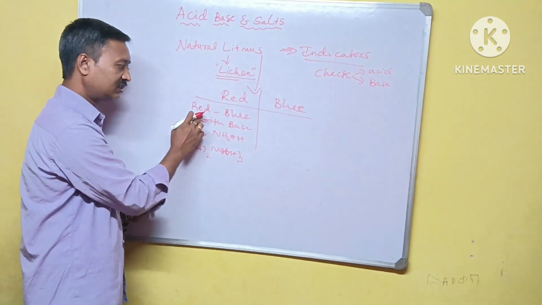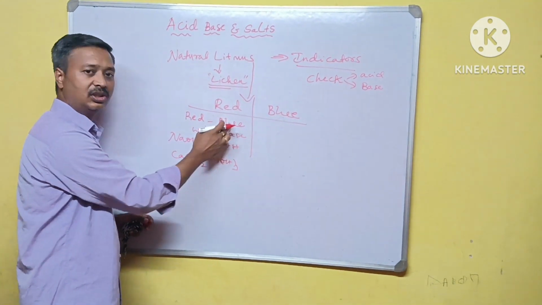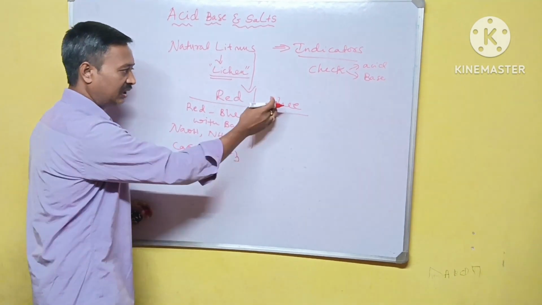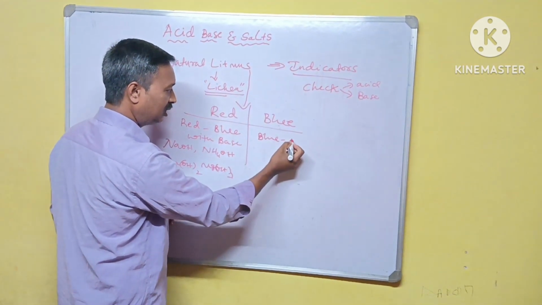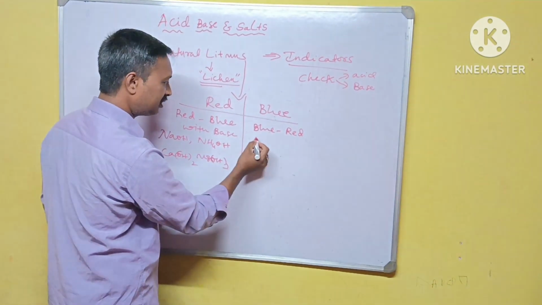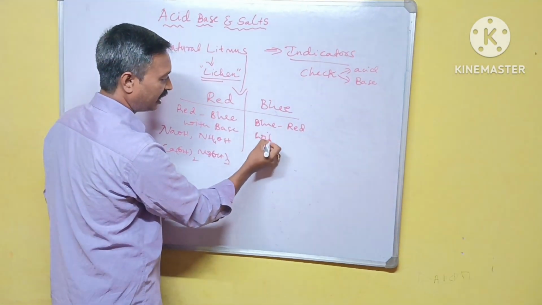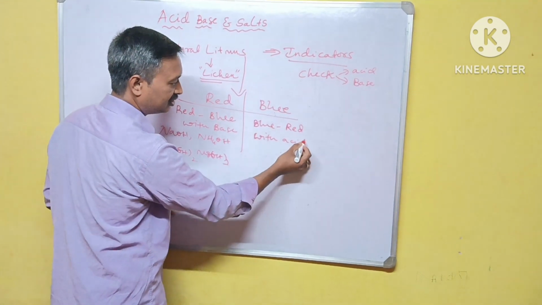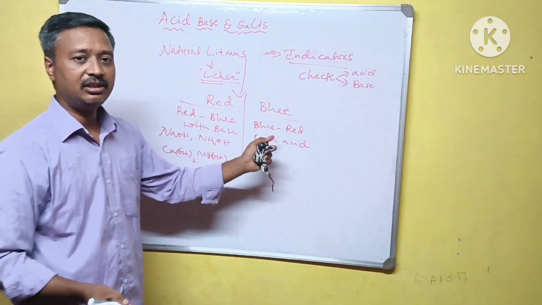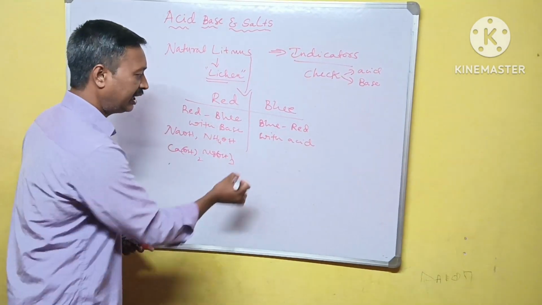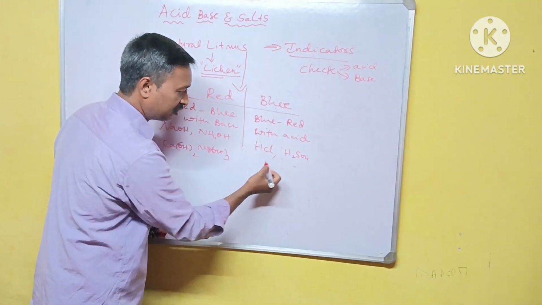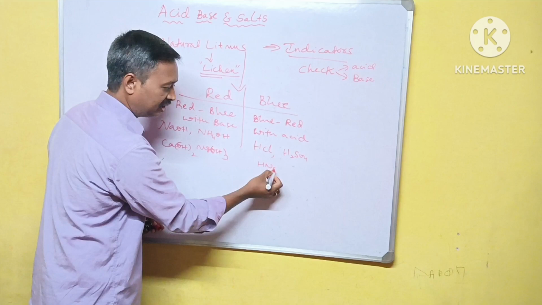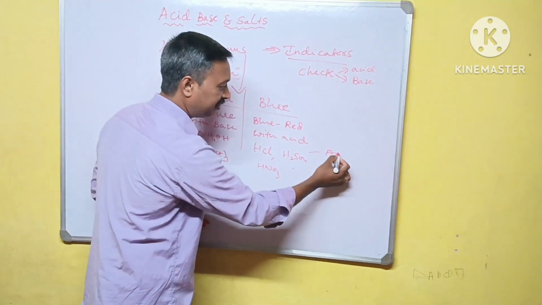They convert red litmus into blue litmus. Whereas if blue litmus turns into red, then it is acid. Examples of the acid: HCl, H2SO4, HNO3. It is given in your activity.